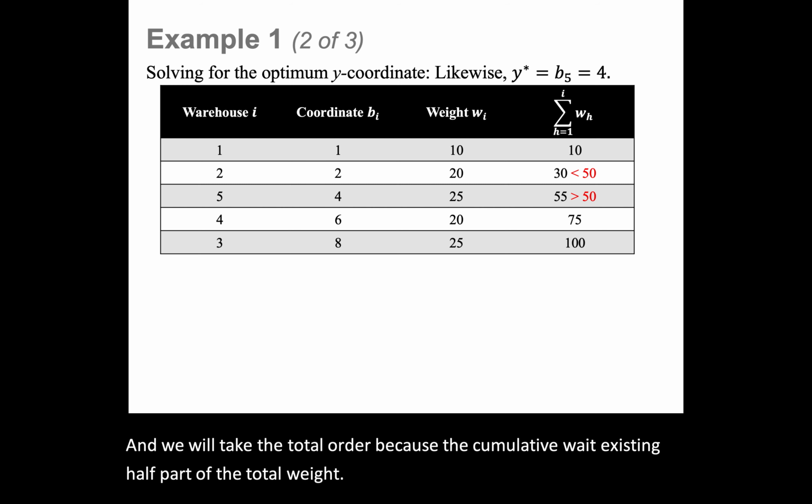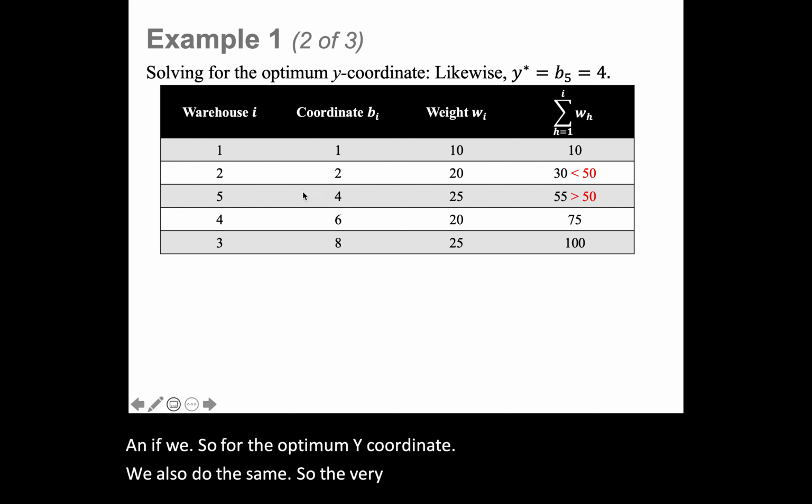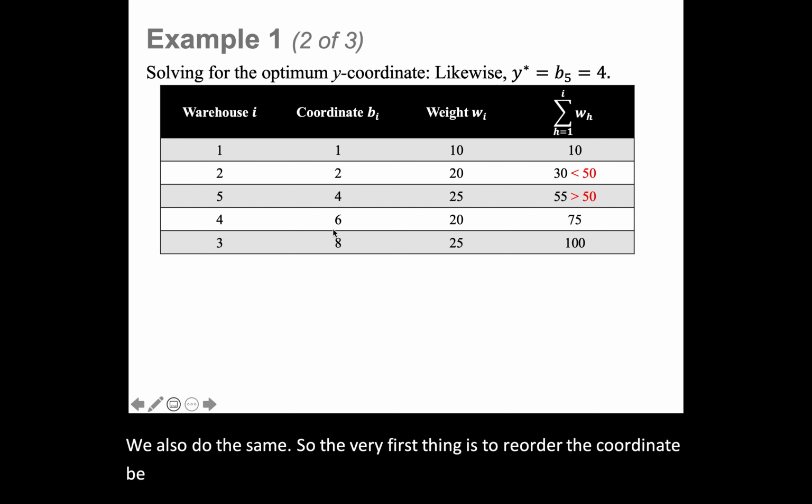Okay, and if we solve for the optimum y coordinate, we also do the same. So the very first thing is to reorder the coordinate bi from smallest to largest, okay?